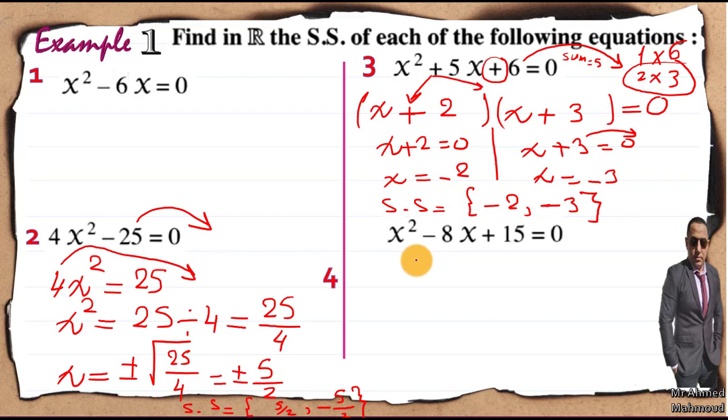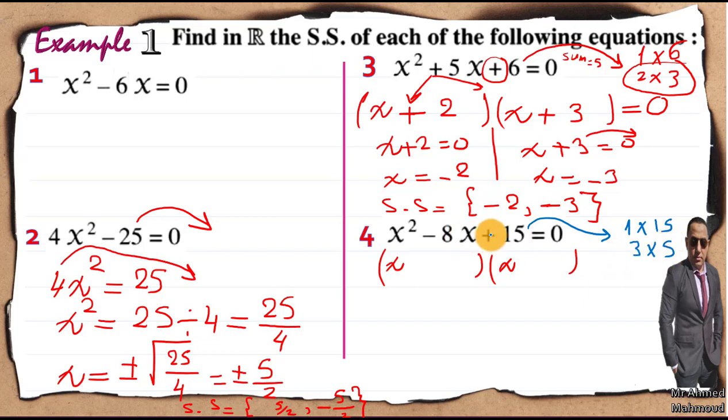Okay, another example. Here I have x² minus 8x plus 15 equals 0. First step, I'm going to open two brackets, here x and here x, and then factorize 15. 15 divided by 1 equals 15, 15 divided by 2 equals a decimal, 15 divided by 3 equals 5.